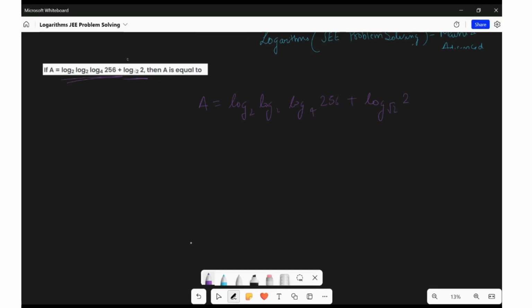Now 256 is 4 to the power 4. So log 4 to the power 4 base 4 is 4, and the rest are log 2 and log 2 plus 2 is root 2 square, to the base root 2.